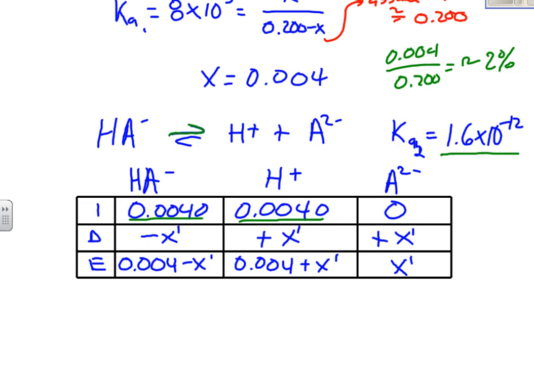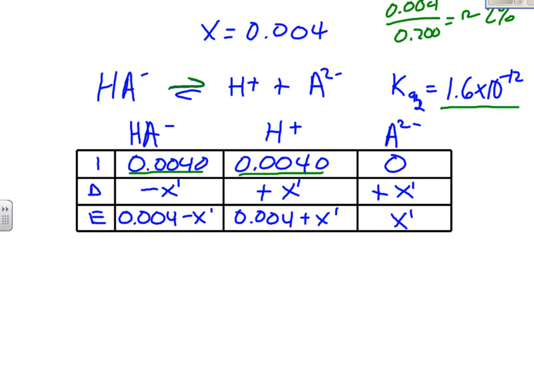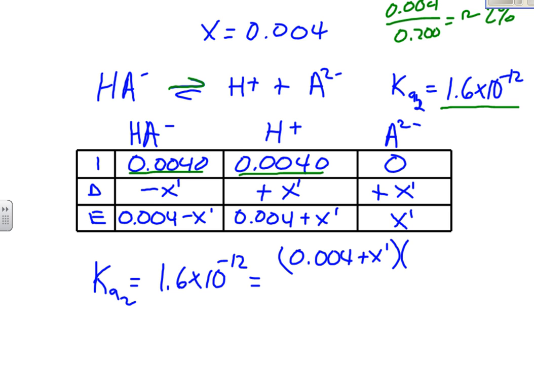So when we go down to do the equilibrium expression here, rather than having some kind of big jumbled up mess of a problem, we would say, all right, well, Ka2 is equal to 1.6 times 10 to the negative 12th, and that's going to be equal to 0.004 plus x prime times x prime divided by 0.004 minus x prime.